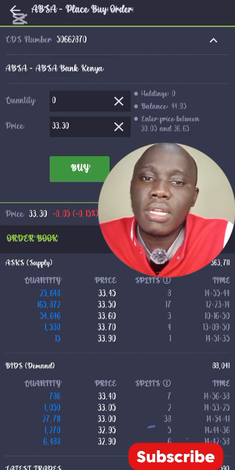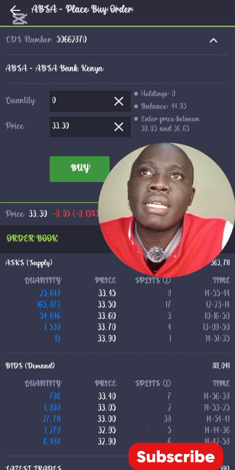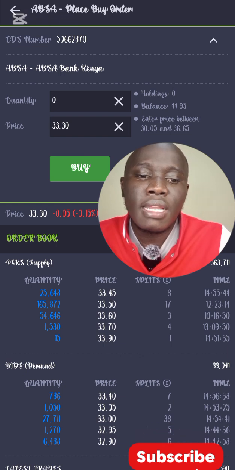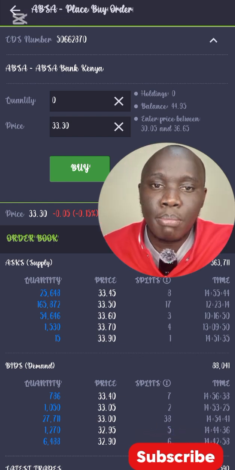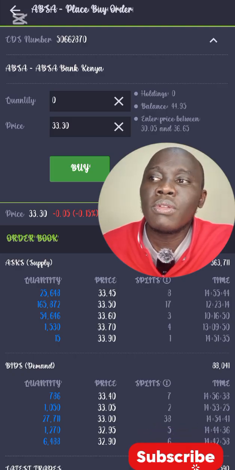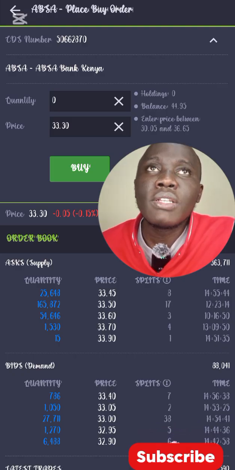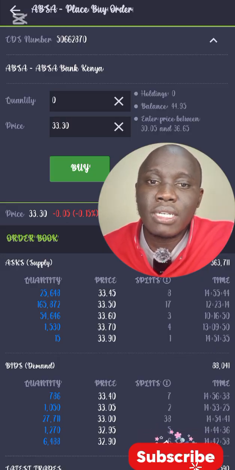You can buy 1 share, 2 shares, 100 shares, 200 shares, but I would not advocate buying 2, 3 shares, or 10 shares, because I realized that part of the brokerage fee is fixed. The broker is not a charity organization, so they are charging a fee. Part of that fee is not based on the number of shares that you are buying.